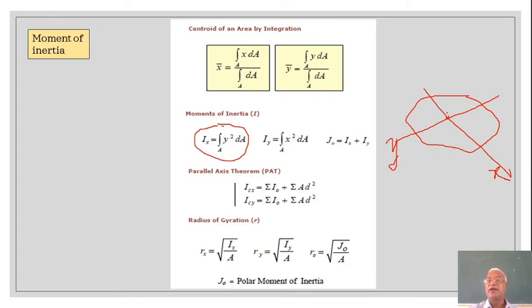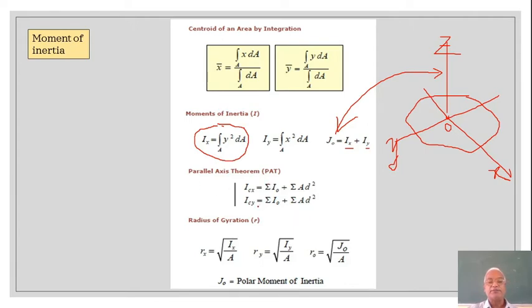Now if you have an axis which is perpendicular to these, it will be the sum of Ix and Iy, and because it is standing like a pole on the area, it is the z-axis, and the moment of inertia about such an axis is known as the polar moment of inertia, represented by the letter J, or Iz about O. O is this particular point through which the x and y axes pass.